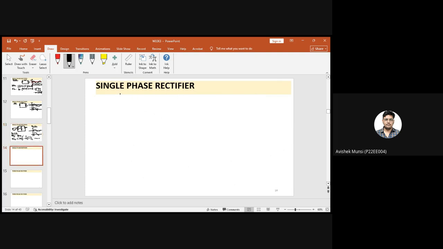Now similarly, if we have an RE load, I'm not drawing it. So what will happen? There is an additional E over here, E factor. So the waveform will be like so.